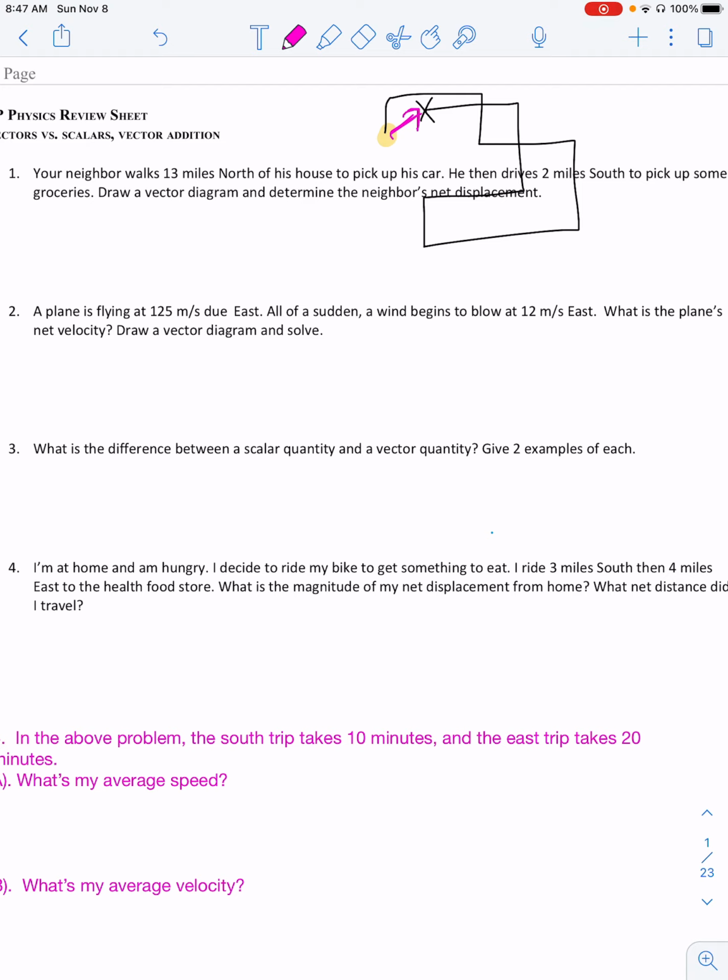So basically, displacement is a good example of a vector. So I like to use arrows on these kind of questions to represent the different displacements. So if you walk 13 miles north, I'm going to write an arrow going, make that 13 miles north.